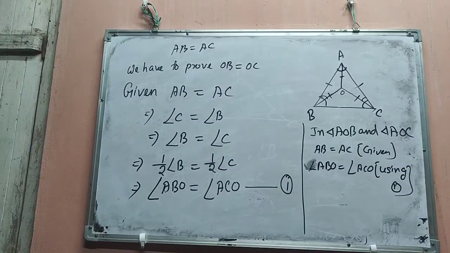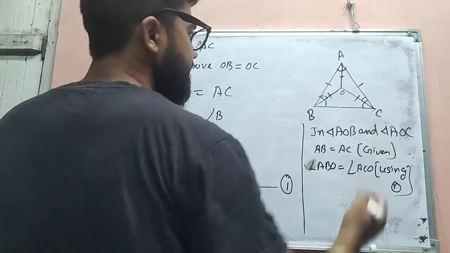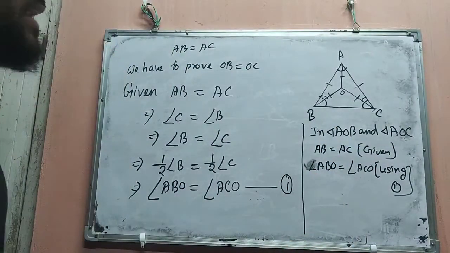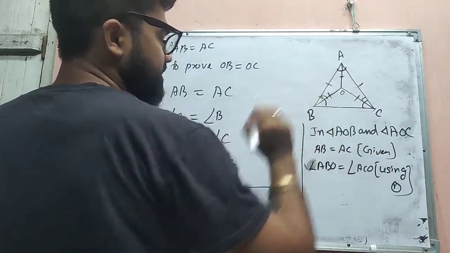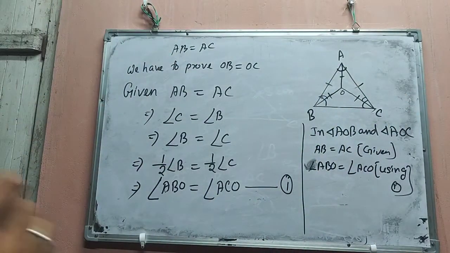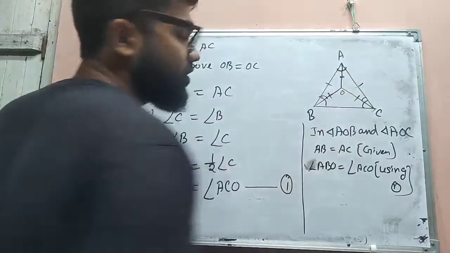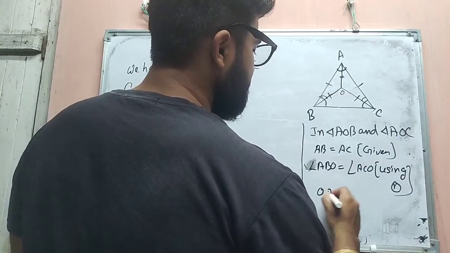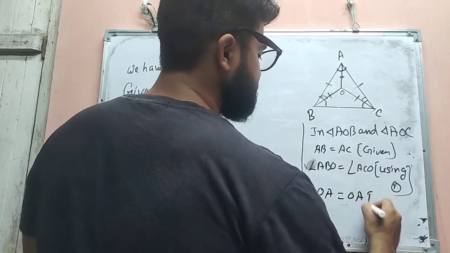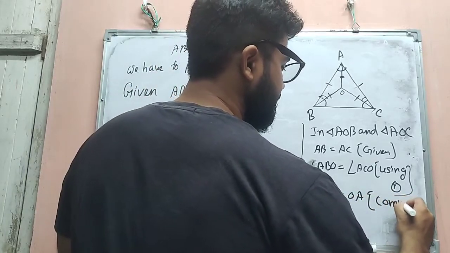Thirdly, these two sides are given equal, but there is one common side. The common side is OA. So we write OA equals OA, the condition being common side.